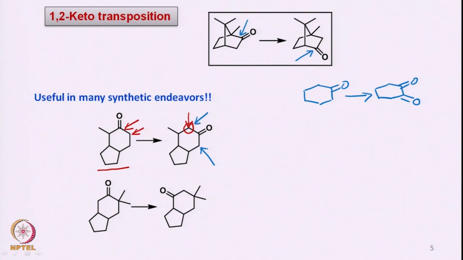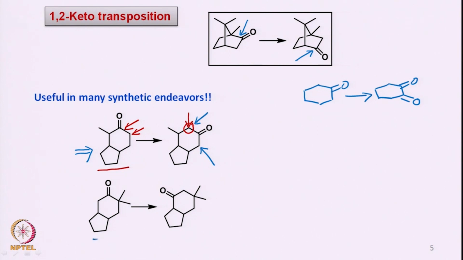So if somehow you have arrived at this molecule, and you want to convert the carbonyl group from this position to the next position, then what are the ways? This is just a hypothetical example which I have shown.